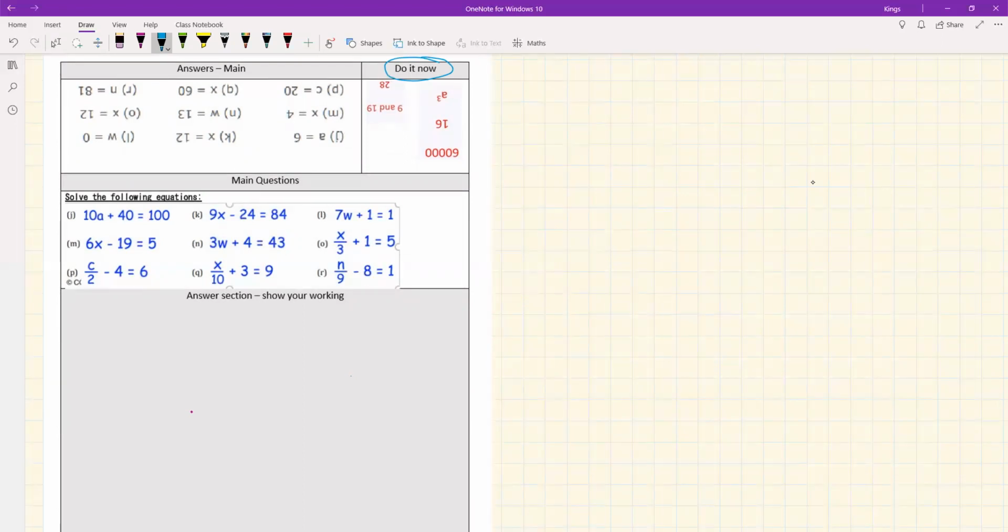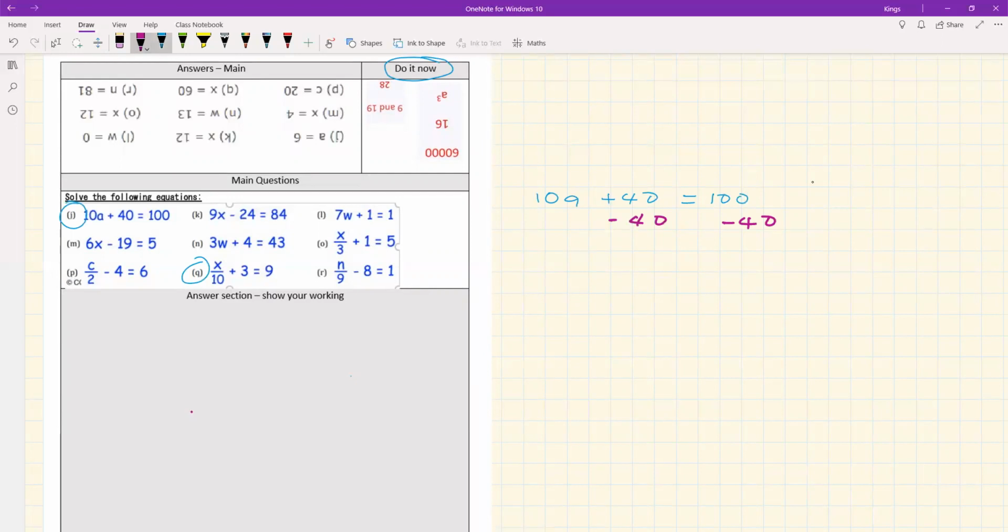Okay, welcome back. I'm just going to solve 2 so that you see that what you've done is actually correct. And remember to lay out your workings carefully. So we've got 10a add 40 equals 100. So we do the inverse, take away 40, take away 40.